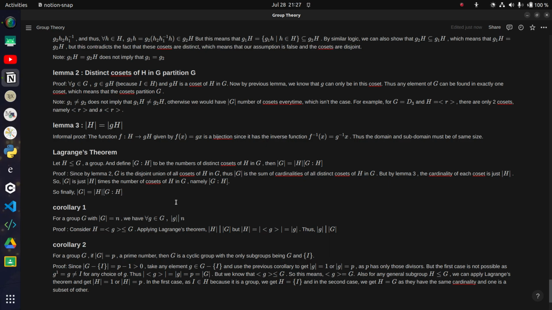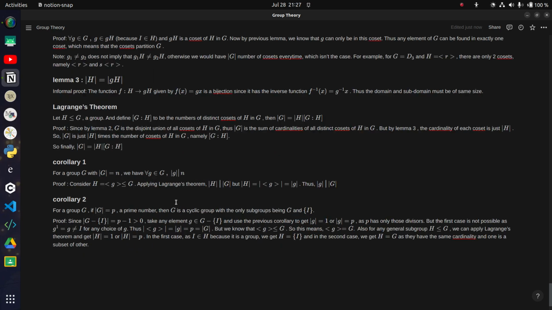But the cardinality of H, which is the cardinality of the cyclic group constructed by small g, is also just the order of g. That is the thing dividing the cardinality of G. So we just proved that the order of g is a divisor of n.